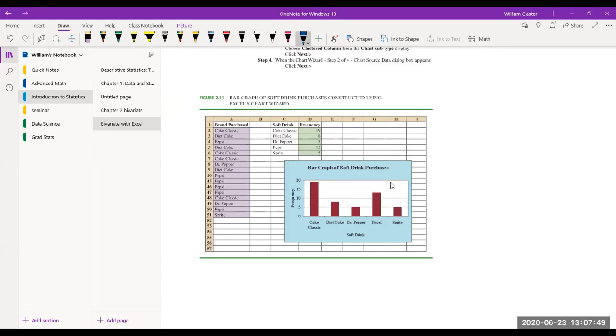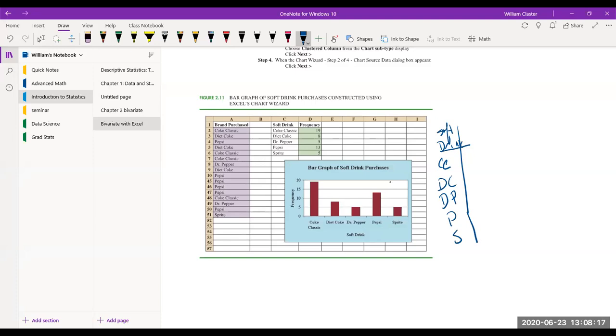So we have this, right? We have soft drink. And what are the values that soft drink can be? Coke Classic, Diet Coke, Dr Pepper, Pepsi, Sprite. Okay, so that's the variable, soft drink.